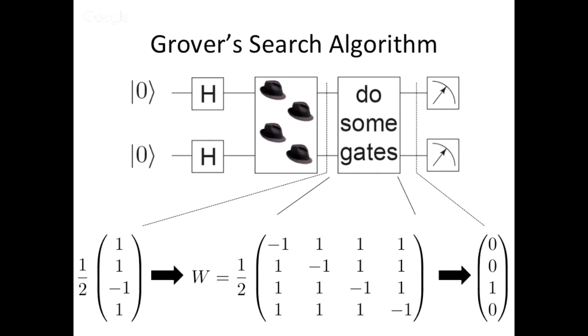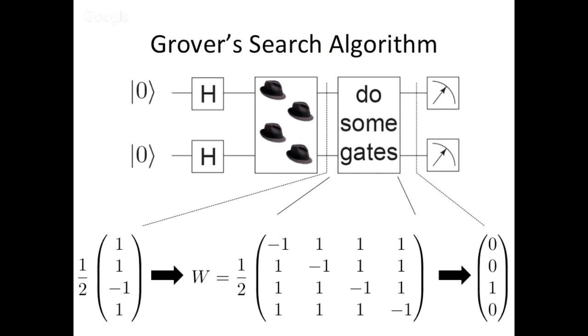You wouldn't get this data at the end; you'd get a 1 up here. But it's going to act the same way no matter where the rabbit is. Yeah, that's important, because otherwise we'd have to know already where the rabbit is. But we can use the same W no matter which hat the rabbit's under, and what it'll do is make all the other states shrink in probability, and the probability of finding the rabbit will go up.